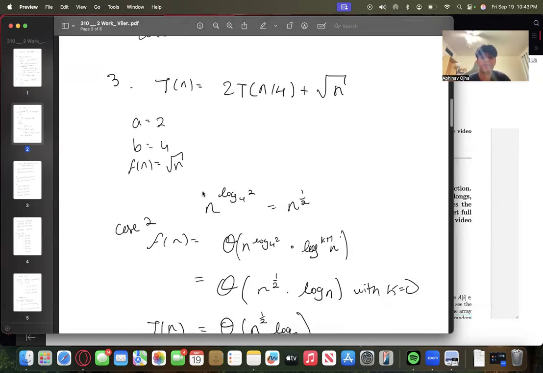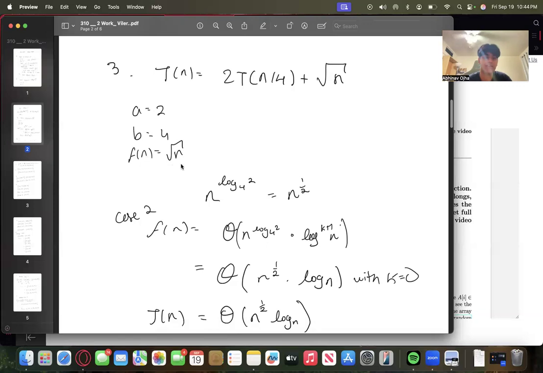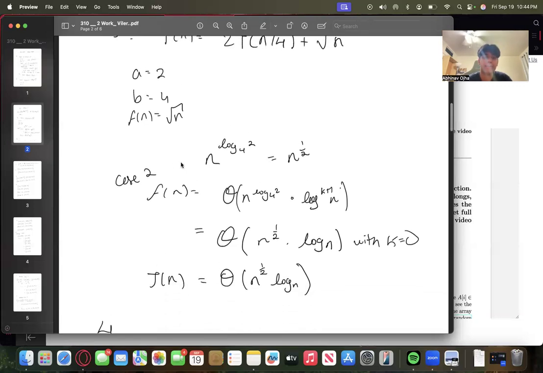And then the third one here, we're looking to find 2 times T of n divided by 4 plus square root of n. So a is 2, b is 4, and the function is square root of n.